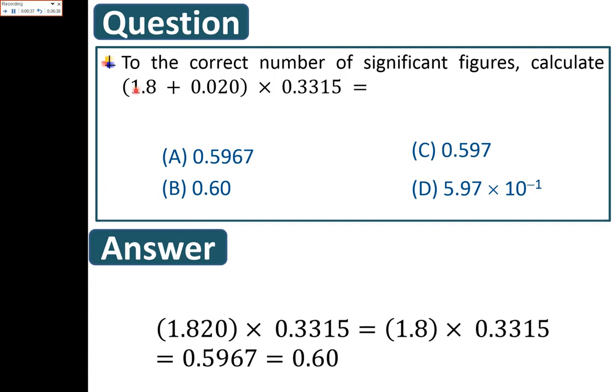So we add these two items together here, so the answer would be 1.820 times this number. So we will get the final answer here, which is 0.5967.